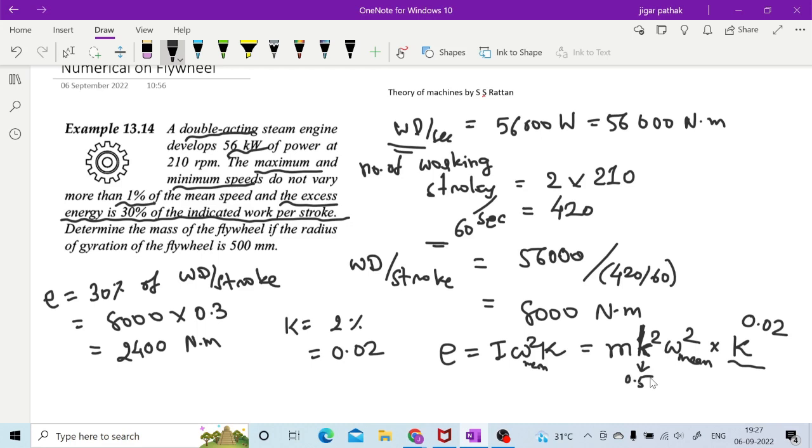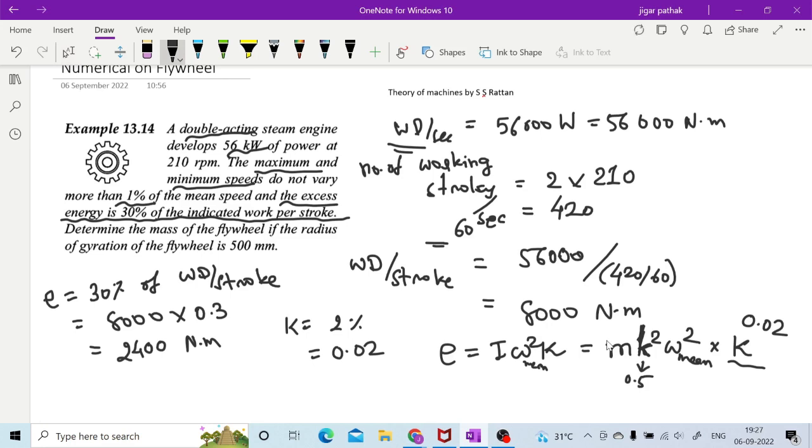Please calculate and tell me. Any one of you can unmute and answer what mass you are getting. E is 2400, right? Omega mean is 2 pi N by 60.